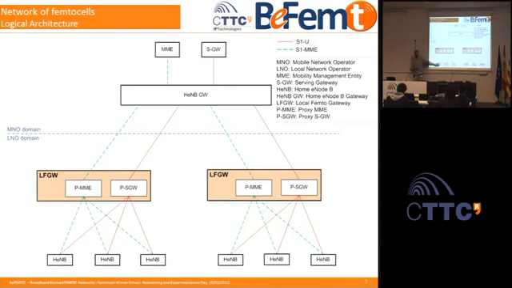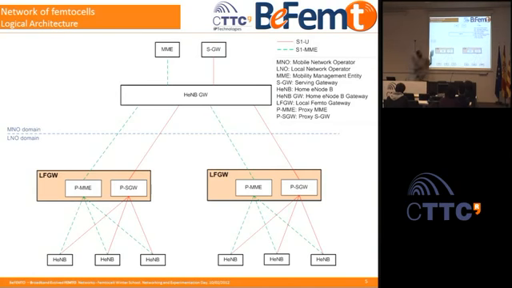And from the HomeNode B point of view, this looks like a core. So still you have the same S1 messaging. But in fact, you have introduced this one with the advantage that you constrain some control. For example, inter-HomeNode B handoff in here could be handled by this node, and the mobile network operator does not notice anything necessarily.